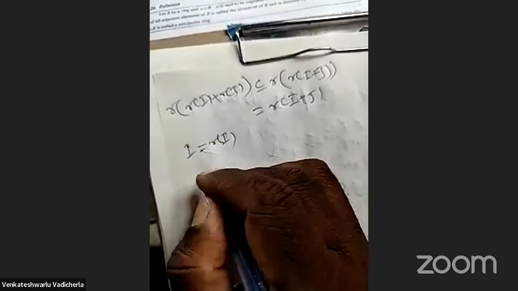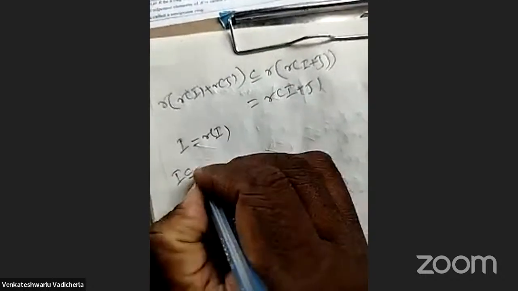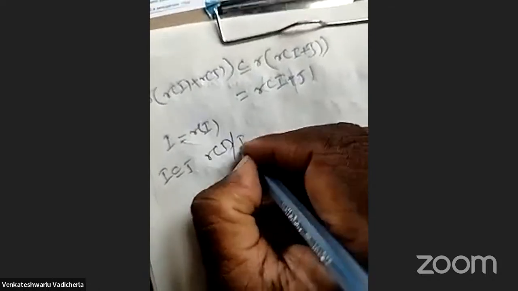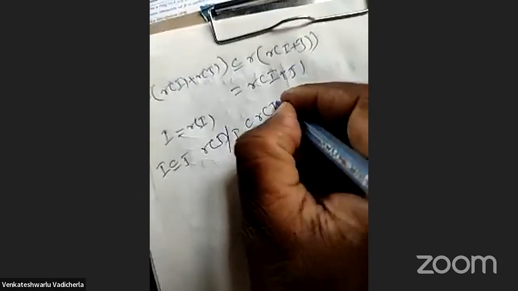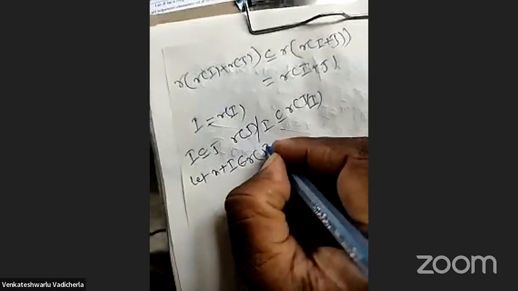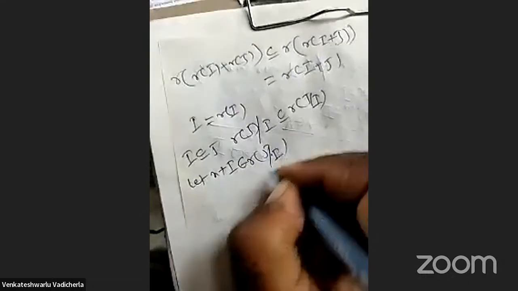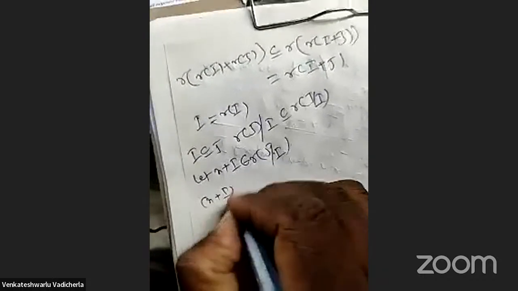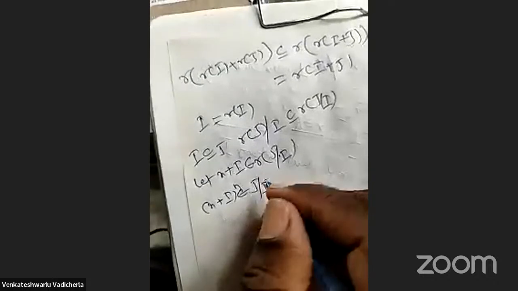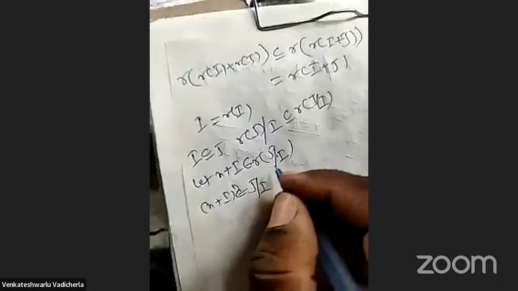Seven follows from two and six. I is a subset of or equal to J, and it is clearly contained in the radical of J over I, a quotient ring. Let x plus I belong to the radical of J over I. So (x plus I) to the power n belongs to J over I, with n greater than 0.